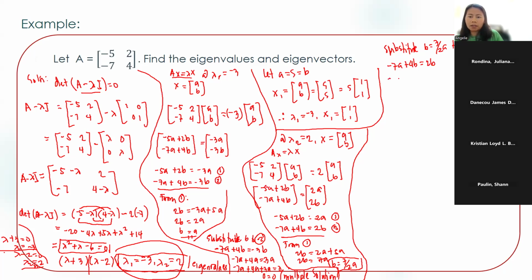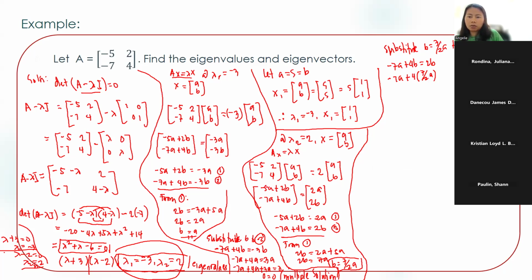We have negative 7a plus 4 times, what is b? We have 7 over 2b. Oh, a. 7 over 2a. Wait, sorry. 7 over 2a.